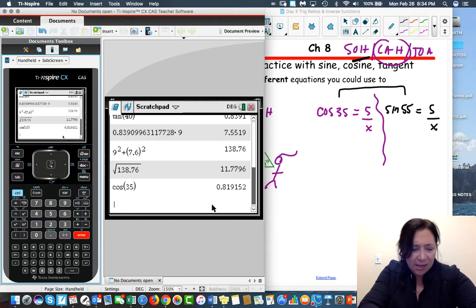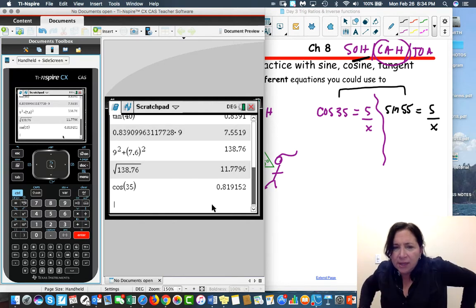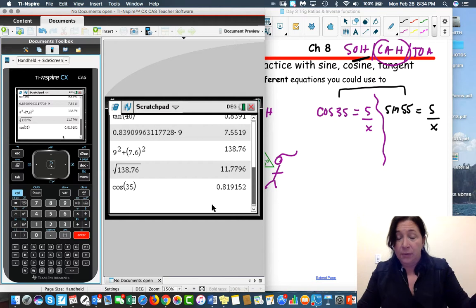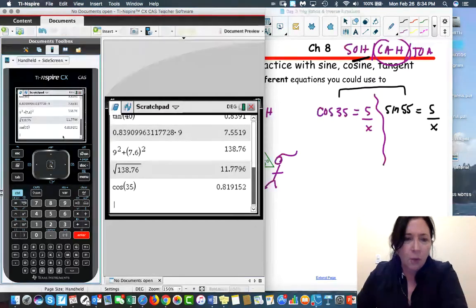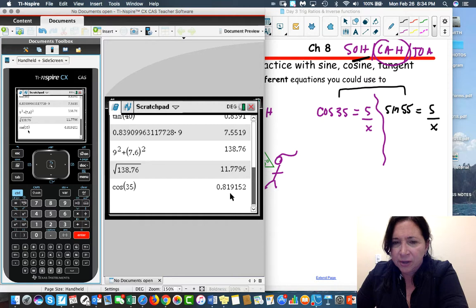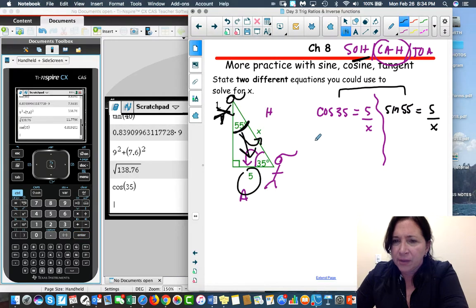Keep in mind that different calculators are different, and you don't always have to go control enter. You just have to do that on this calculator because it's testy. Anyway, cosine of 35 degrees is going to be 0.8192.